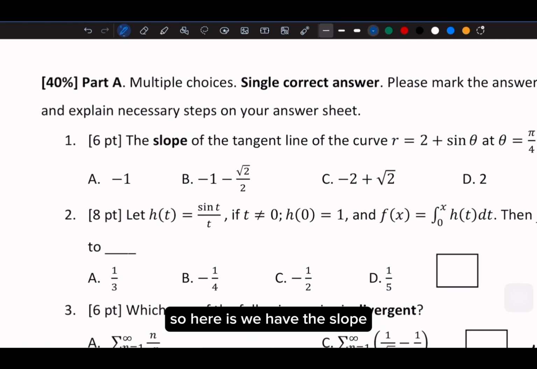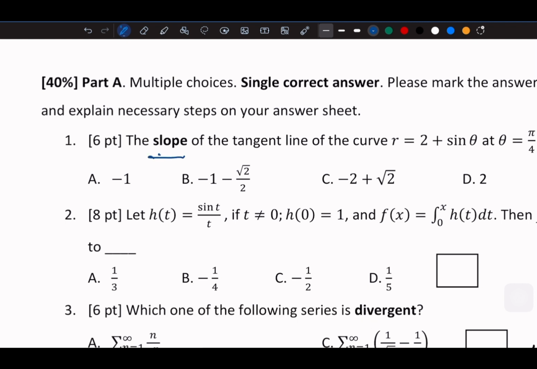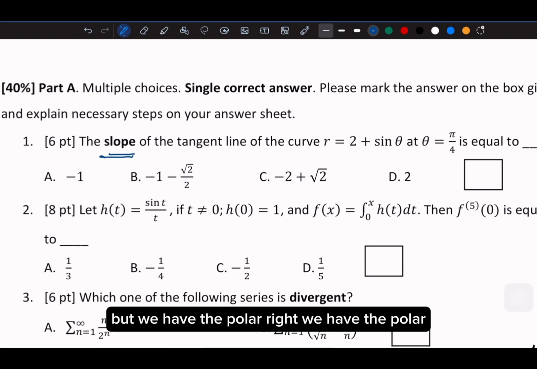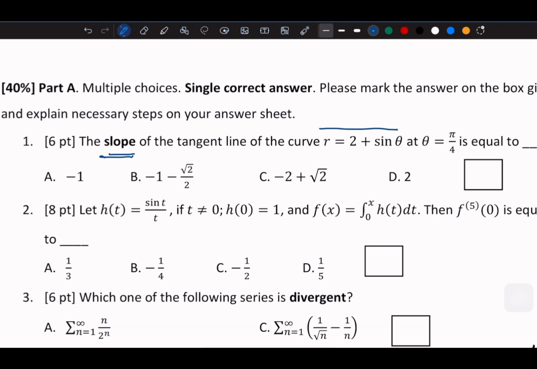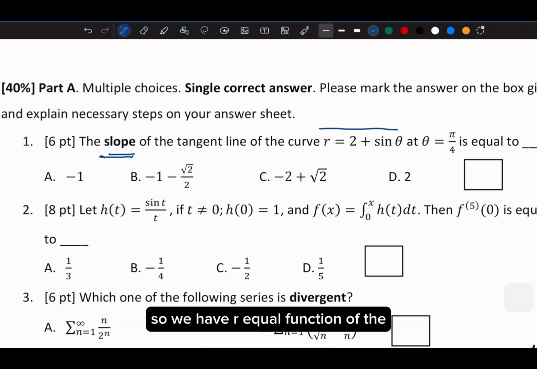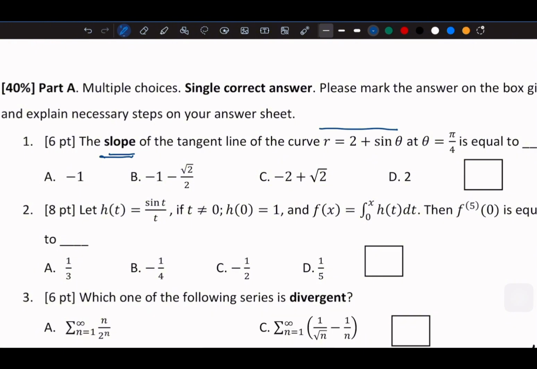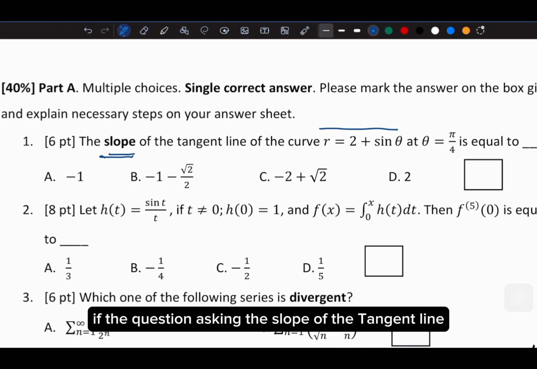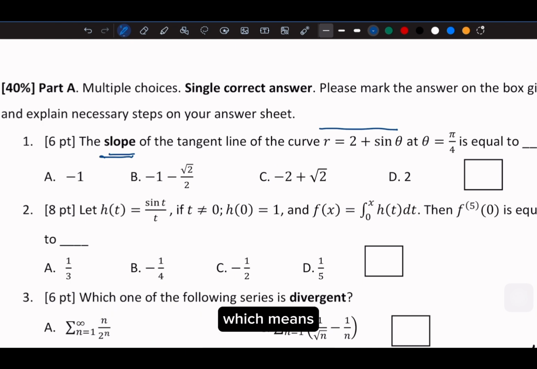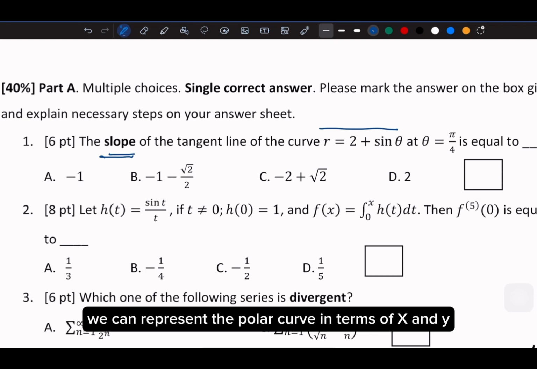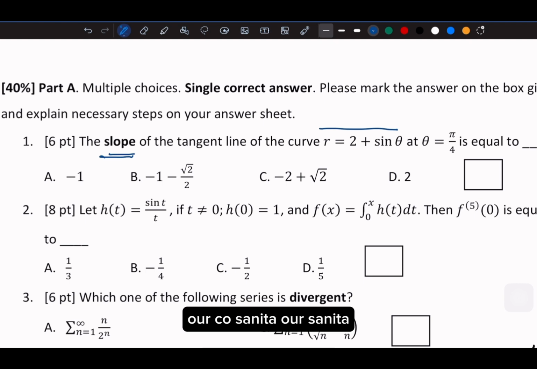So here we have the slope, but we have the polar, right? We have r equal to a function of theta. So if the question is asking the slope of the tangent line, we can represent the polar curve in terms of x and y, right? r cosine theta, r sine theta.